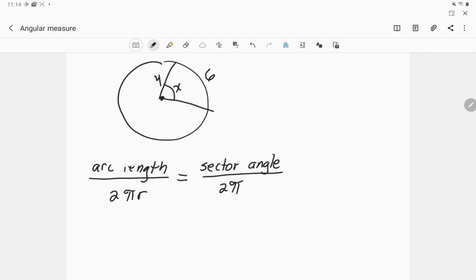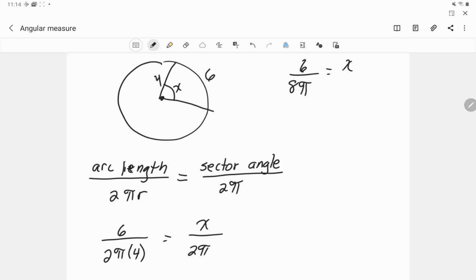So arc length, well that's 6, over 2 times pi times r, my r is 4, is equal to my sector angle, which I want to know, over 2 pi. So for me, this is 6 over 8 pi equals x over 2 pi.